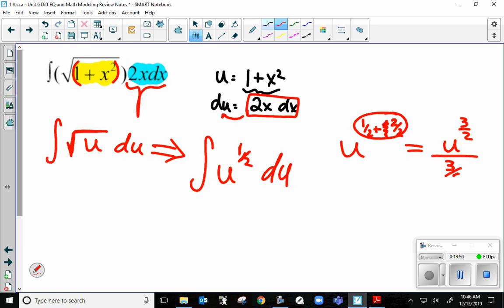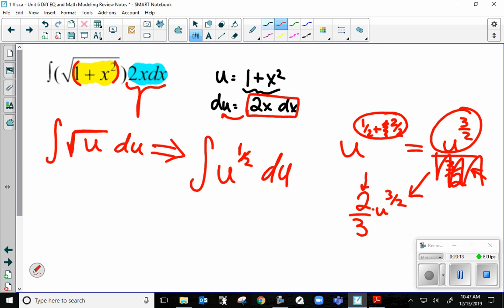What I tell my students is I skip this step right here, and I go right to this. How come? Because dividing by a fraction is the same thing as multiplying by its reciprocal. Okay? So we'll write this, but we don't even write this part below. They go right to here. And I say it every time. Say dividing by that fraction is the same thing as multiplying by its reciprocal.